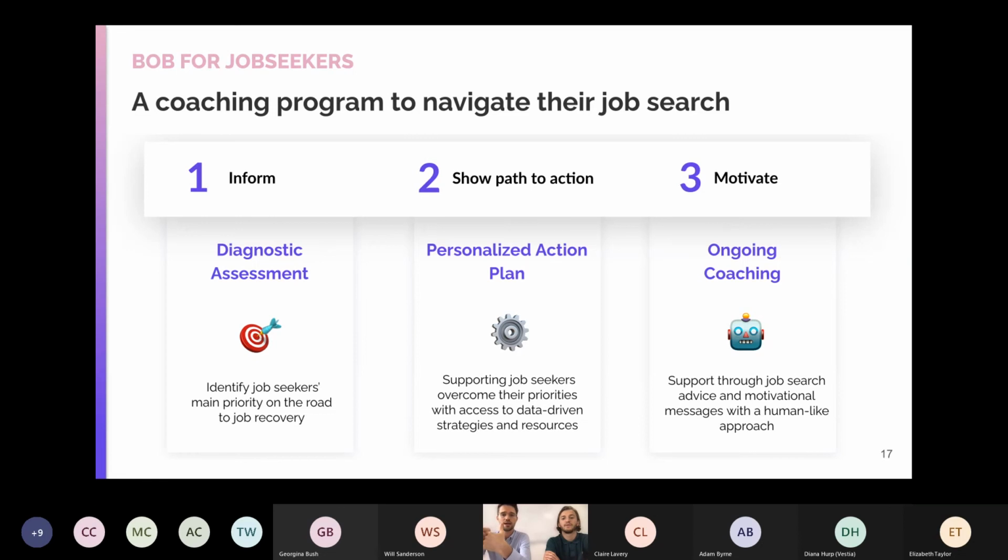And this is where we aggregate hundreds of resources that are data-driven and tailored to the job seeker's situation. And 3, it motivates. It doesn't leave the job seekers there. It motivates them through ongoing coaching, pushing some motivational resources or even additional tools through email or text messages.